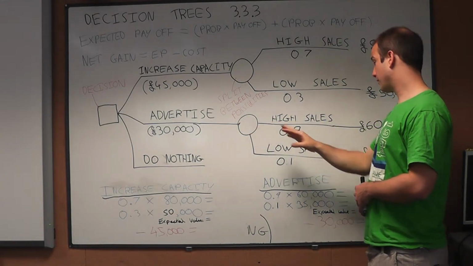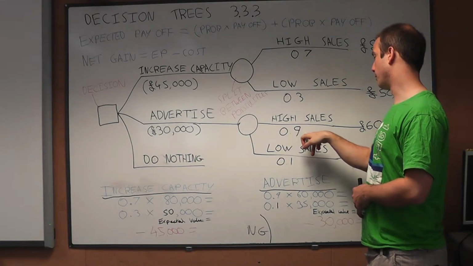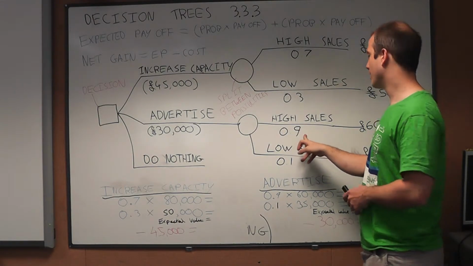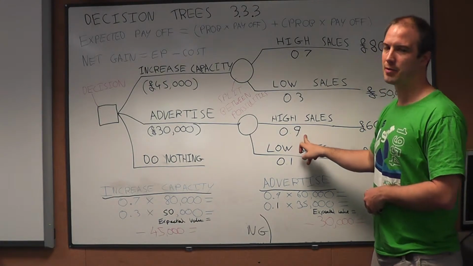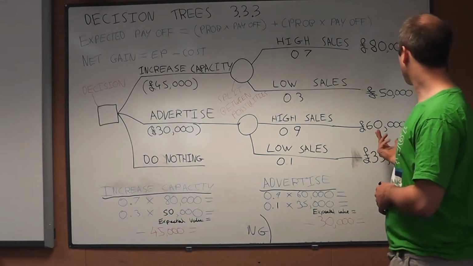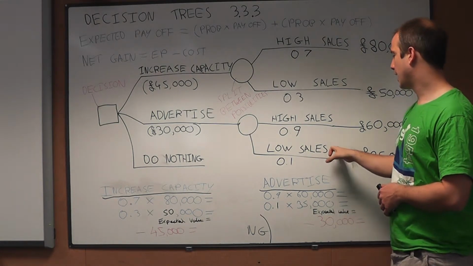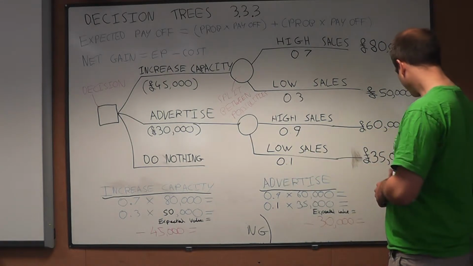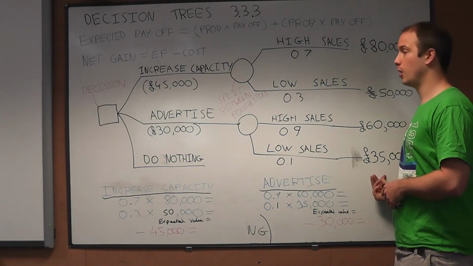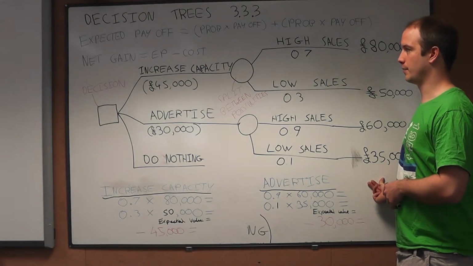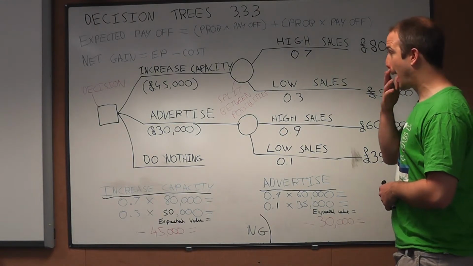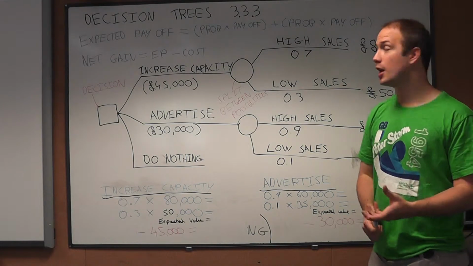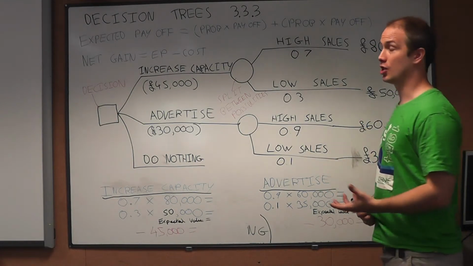In this case, with advertising, we've got high sales with a probability of 0.9. We're assuming that the advertising campaign may be relatively successful, with a payoff of £60,000, and low sales of 0.1, so less likely, with a payoff of £35,000.